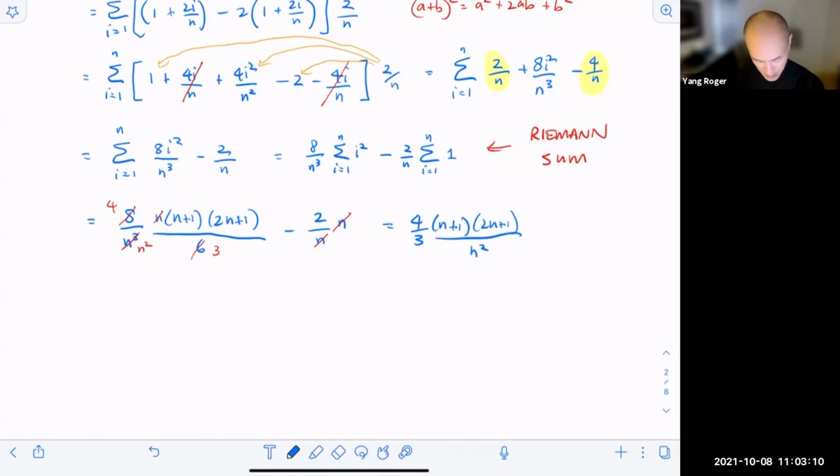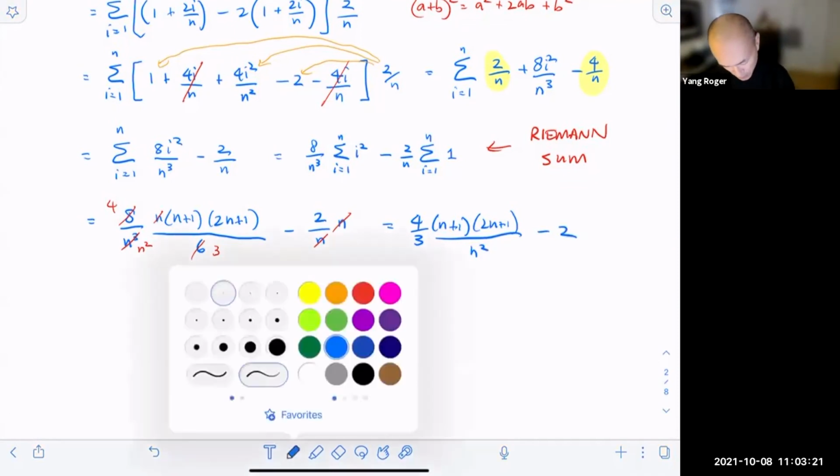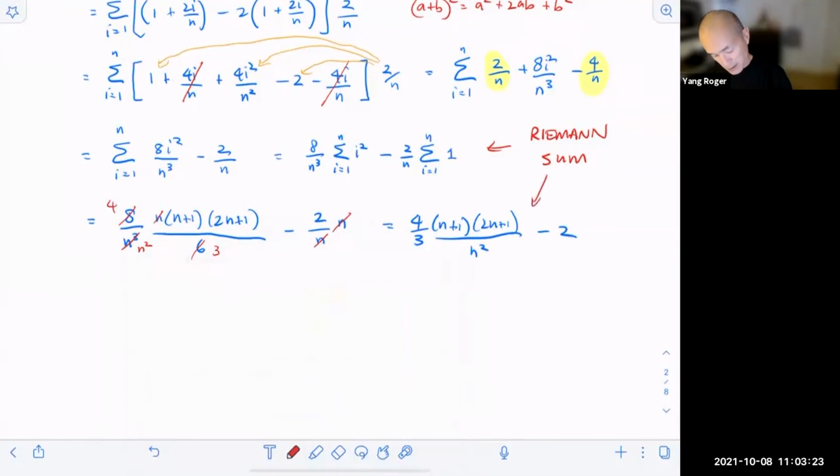And for the second term, I'm going to get minus 2. So this is also our Riemann sum, just simplified.